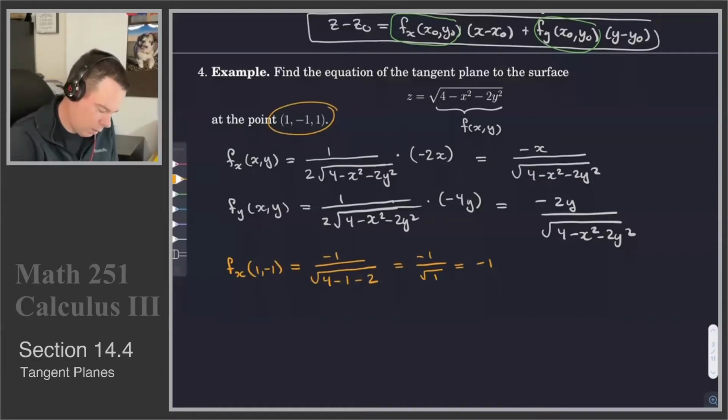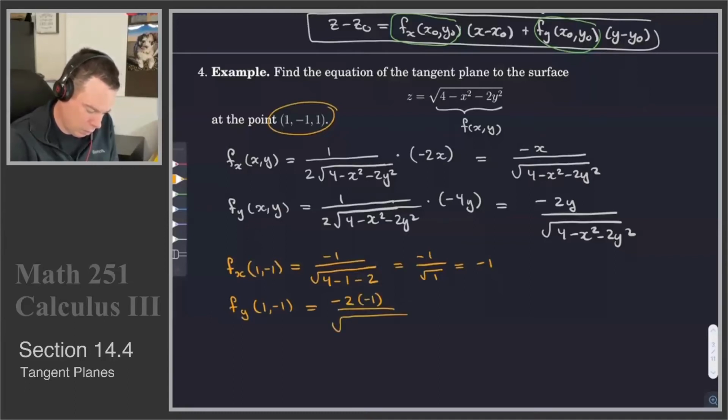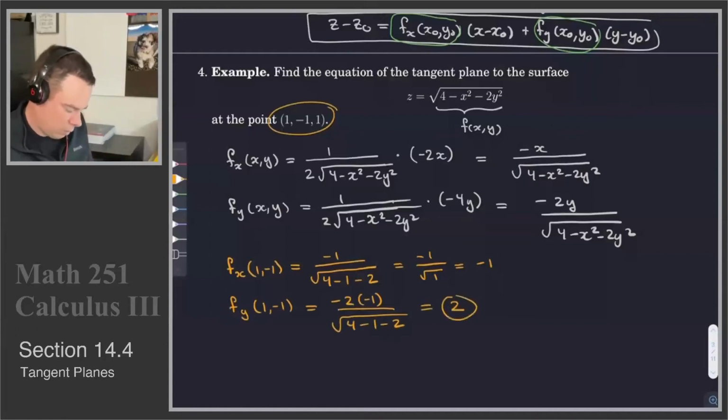And then we can get our y partial as well at (1, -1). It's -2 times -1 all over the square root. The denominator is just the same as it was in the previous one. So this becomes a 2.